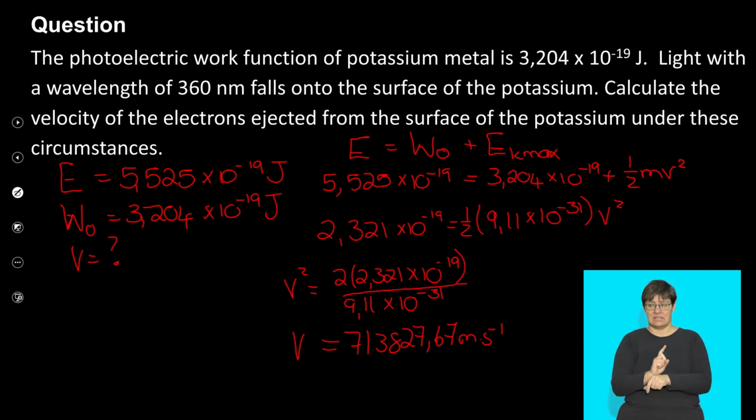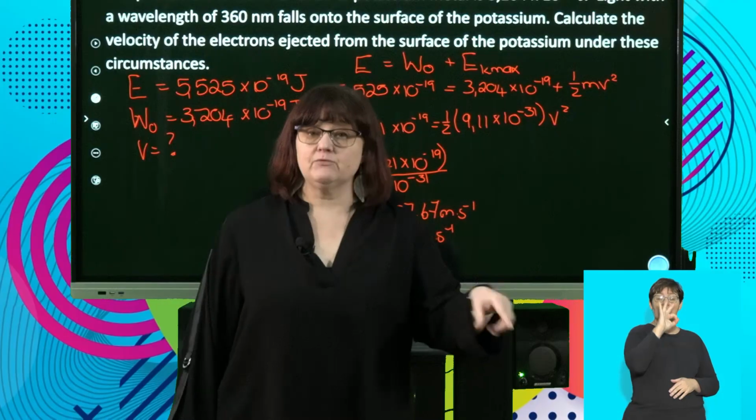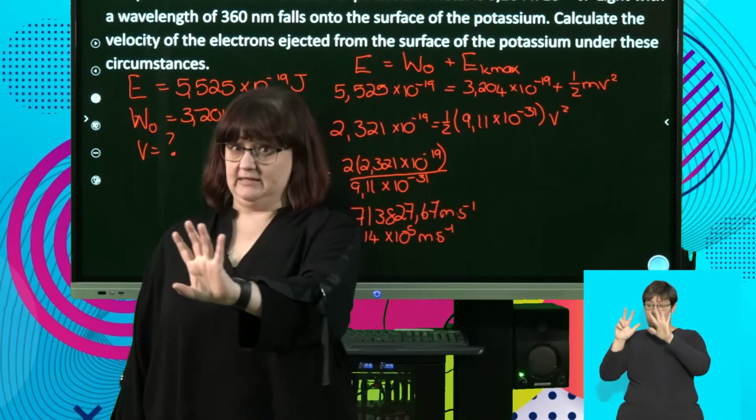And if I did put it into scientific notation, which I really can do without my calculator, it's going to go 1, 2, 3, 4, 5. This is actually 7.14 times 10 to the 5 meters per second. There's a reason why I wanted it in scientific notation, because the speed of light is 3 times 10 to the 8.